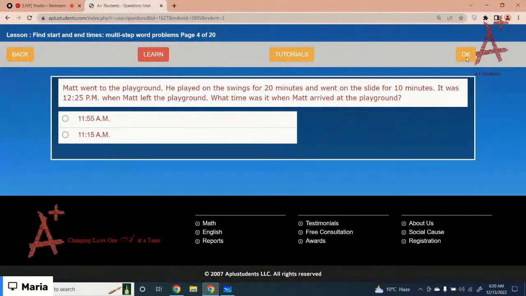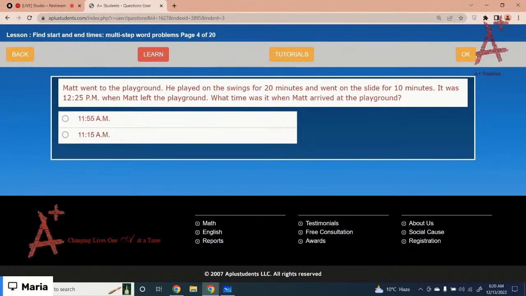Okay, Matt went to the playground. He played on the swings for 20 minutes and then went on the slide for 10 minutes. It was 12:25 p.m. when Matt left the playground. What time was it when Matt arrived at the playground? Okay, you have to calculate the time when he arrived. Got it? So the total time he spent in the playground is 20 minutes plus 10 minutes. That means the total time he spent in the playground is 30 minutes.